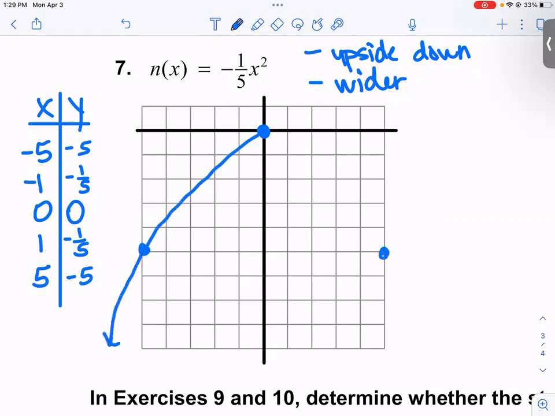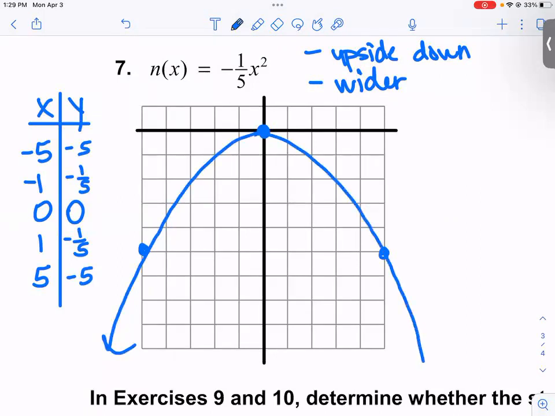Notice how much wider our parabola is than if we were to have, like, this would be negative x squared. So notice how much wider it is.